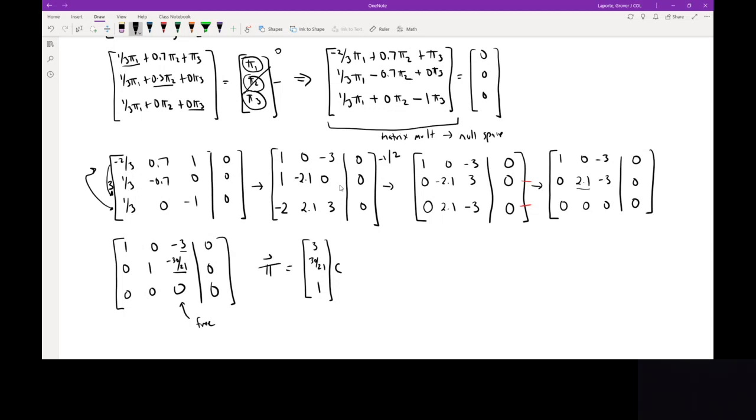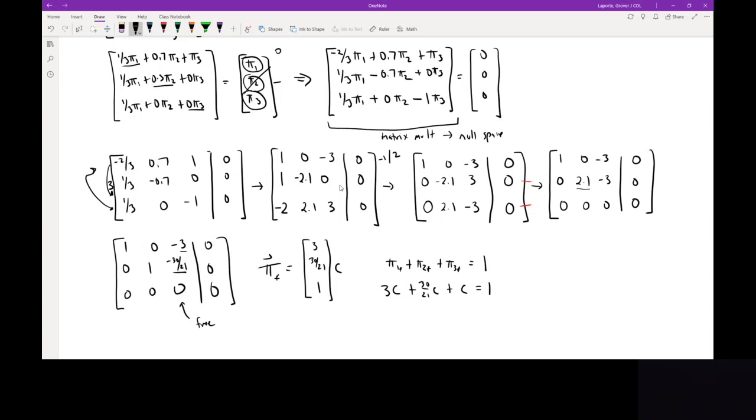But we're going to add that piece where we know that pi 1, here let me call this pi star, pi 1 star plus pi 2 star plus pi 3 star, we know is equal to 1. So I know that 3c plus 30/21 c plus c is equal to 1.